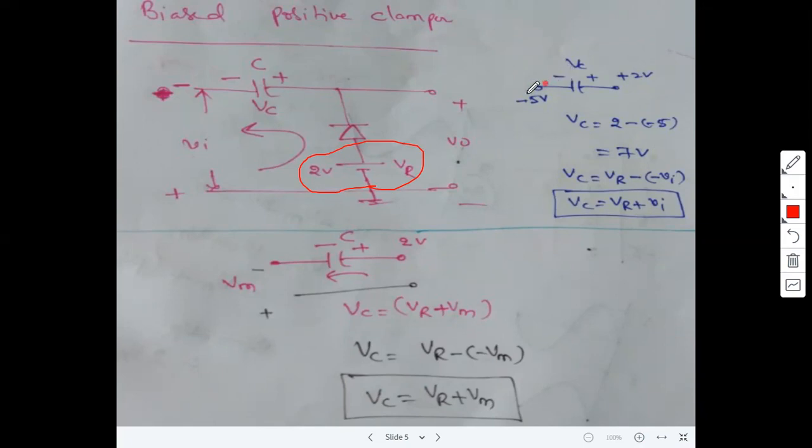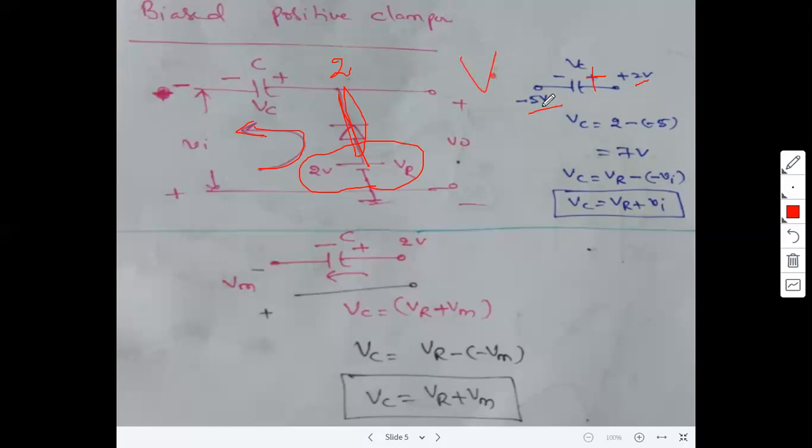Observe here, the capacitor charges only in the negative cycle. The capacitor's right terminal is connected to the 2 volts when the diode is on. When the diode is on, the capacitor positive terminal is at 2 volts and the negative terminal is minus 5 volts. Why minus 5? Because the capacitor charges only in the negative cycle.